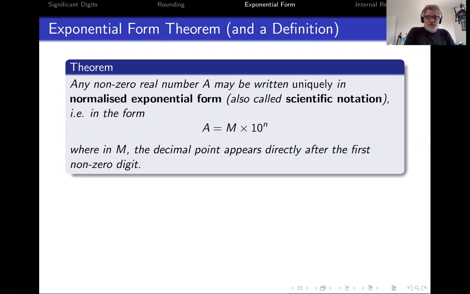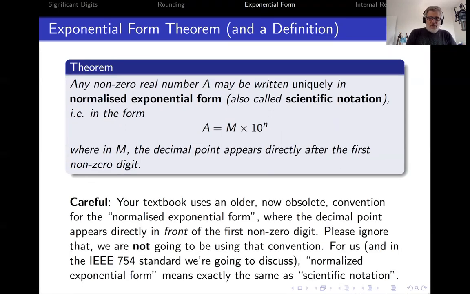You write your number as m times 10 to the power n, where in m the decimal point appears directly after the first non-zero digit. Your number a is non-zero, so when you write it down there's a non-zero digit. You move your point to right after the first non-zero digit, and then you adjust the exponent.